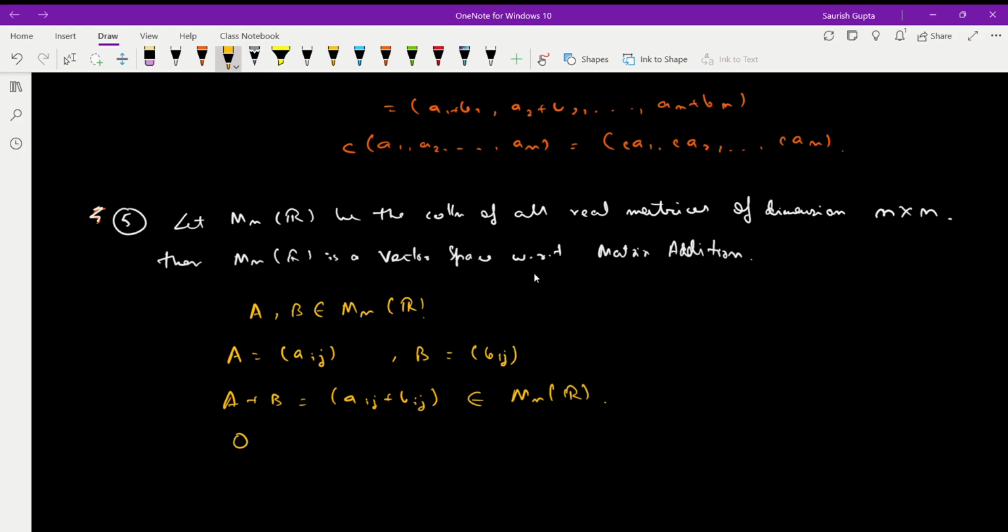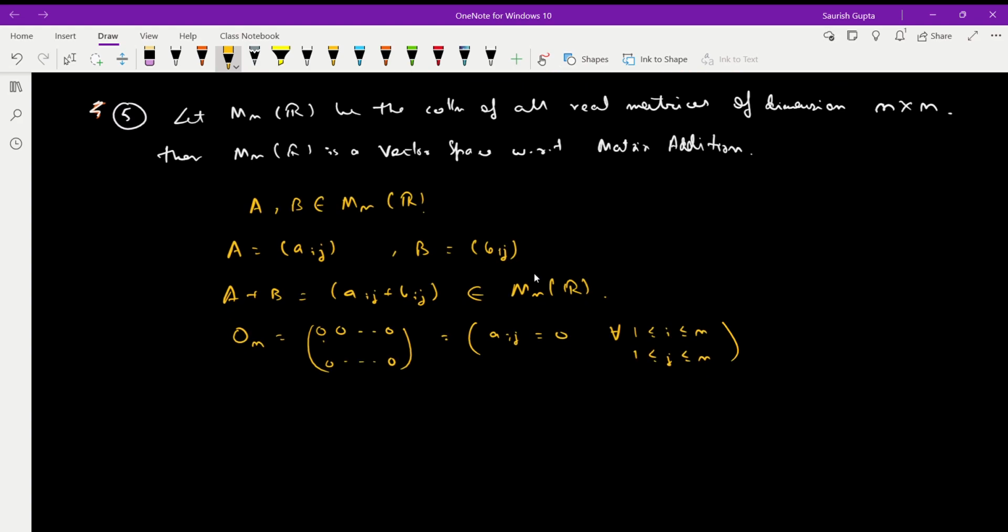We know in matrix addition associativity is trivial. The zero matrix 0_n has all entries equal to 0, that is a_ij equals 0 for all 1 ≤ i ≤ n, 1 ≤ j ≤ n. So it's the additive identity.